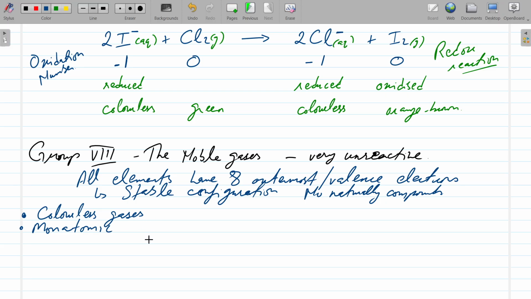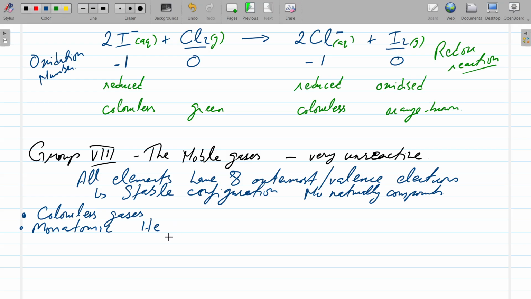That means that, because they have a complete outer shell, they're not reacting. Like, for example, the halogens, they needed just 1 electron, and so on their own, they are diatomic. These guys, they are simply helium.